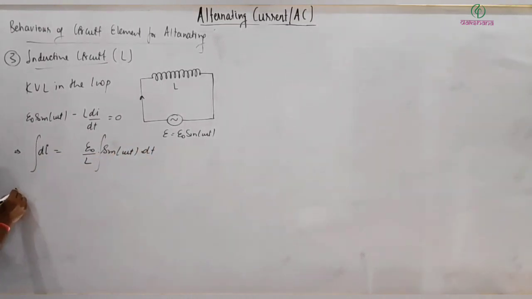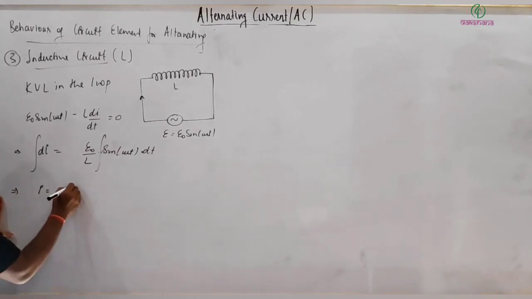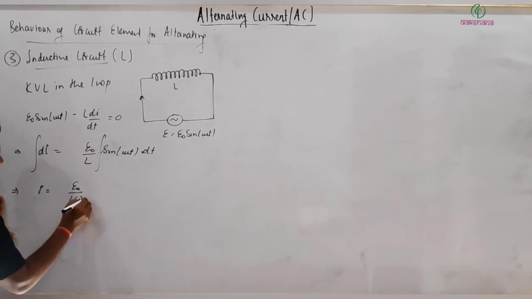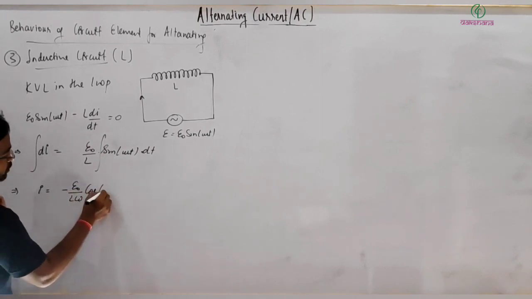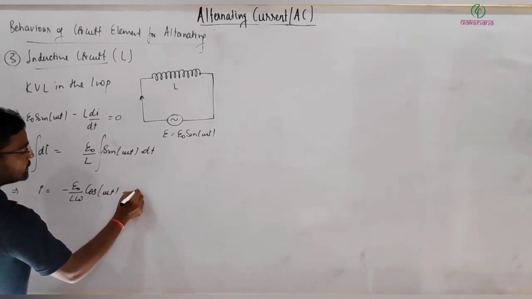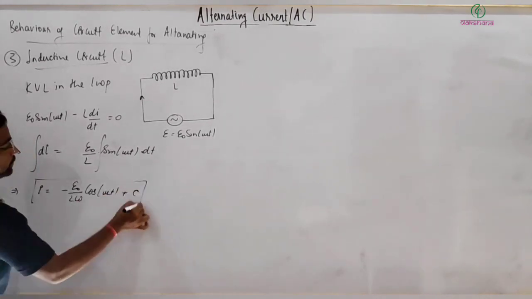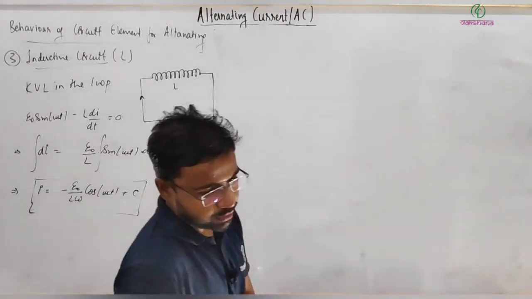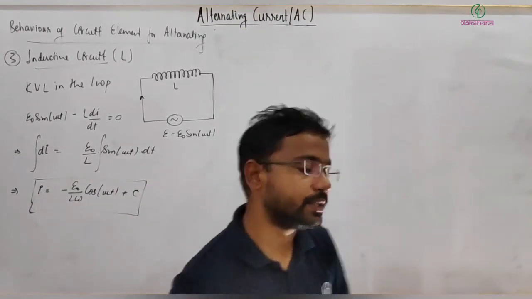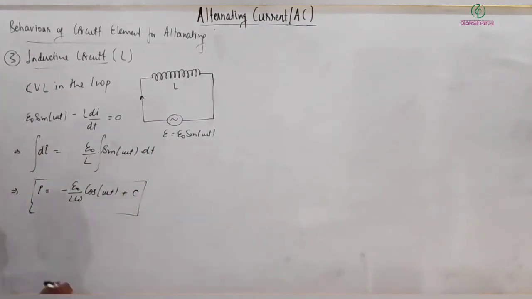So this implies I is equal to E naught by L omega, integration of sine is minus cos of omega t plus some constant c, right?